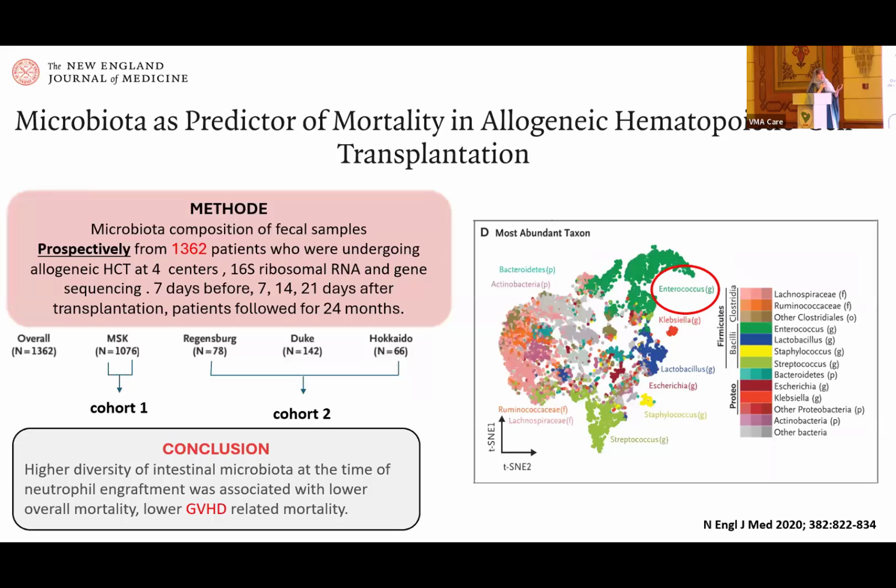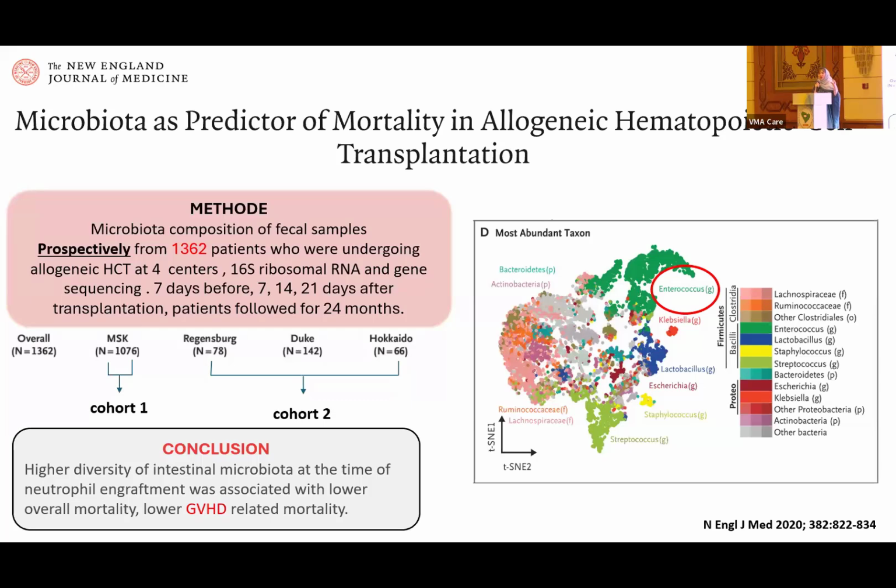This is a very interesting study done in 4 allogenic bone marrow transplant centers, published in the New England Journal of Medicine, on 1,362 patients. They took stool from those patients 7 days before the transplant, and then at 0, 7, and 21 days after the transplant.